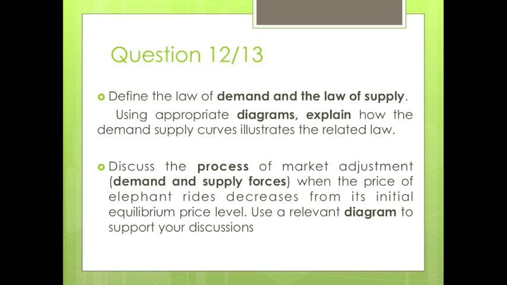Now in your diagram, you have to show the consequent changes. You understand? You have to show the consequent changes. So let's say demand increases more than supply, then you will see the impact on the diagram. So draw the respective diagram and explain the diagram with a new equilibrium price and quantity demanded. Following?